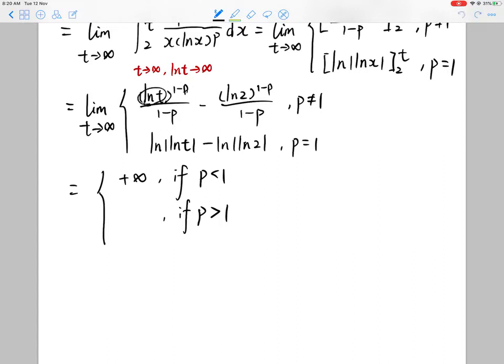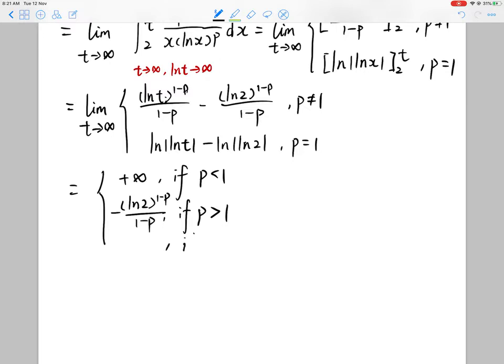So this to the power of negative something is approaching 0, over a constant. So the whole thing is approaching 0. So it's going to be just negative ln 2 to the power of 1 minus p over 1 minus p.